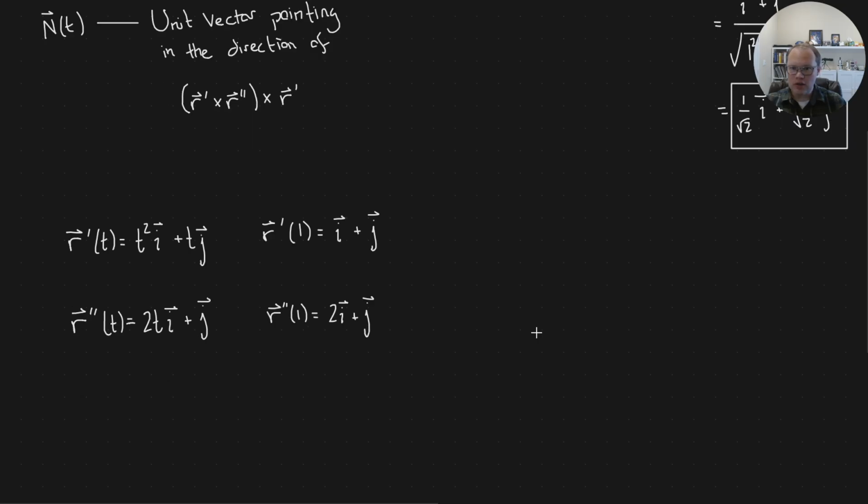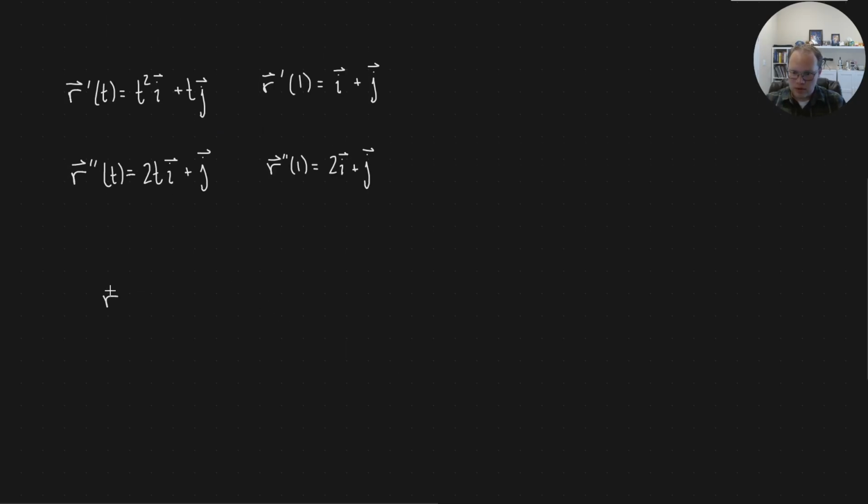So I'm going to start with just what's inside the parentheses here, r prime cross r double prime. So r prime of 1 cross r double prime of 1. And here's where we have to be careful, because cross products only work in 3 dimensions, and we have 2-dimensional vectors. I'm going to write it in angle bracket notation. R prime of 1 is 1, 1, and I'm going to take the cross product of that with r double prime of 1, which is 2, 1.